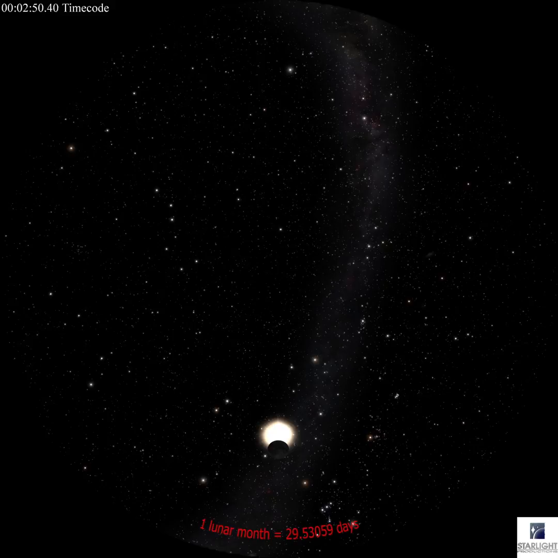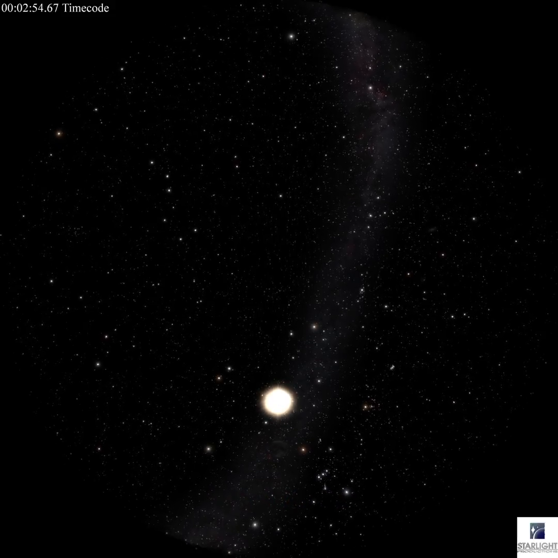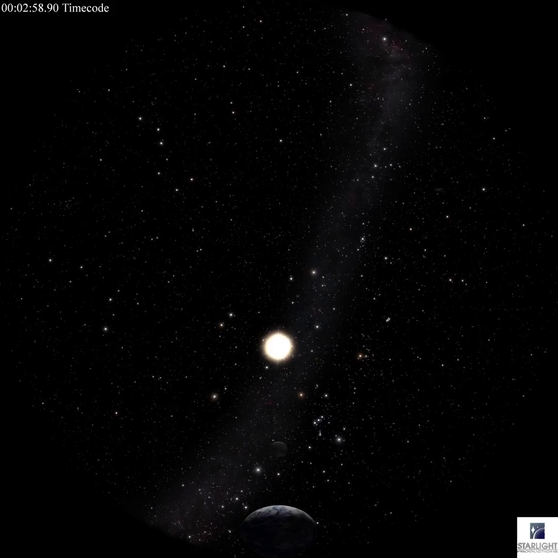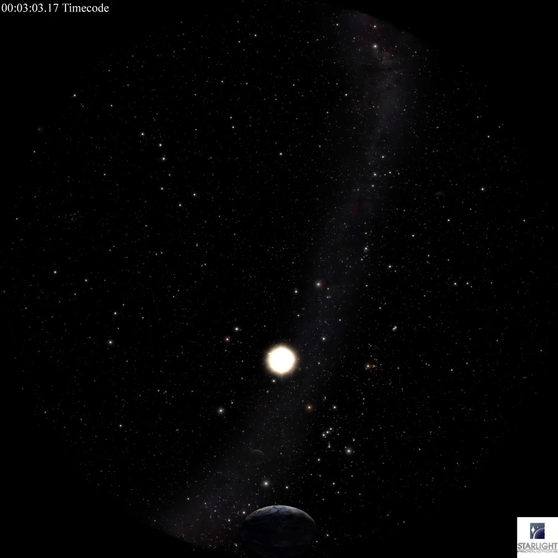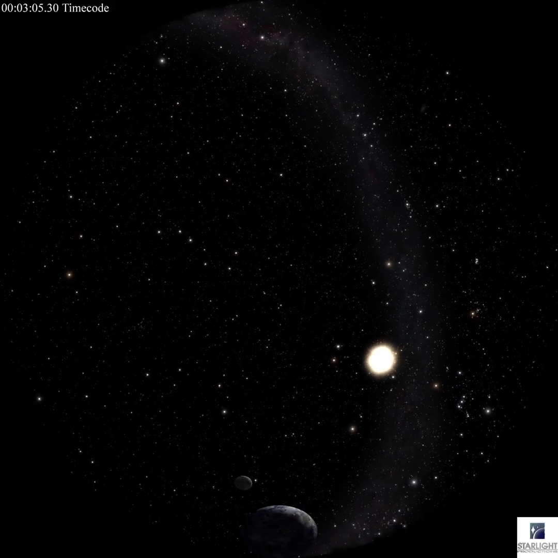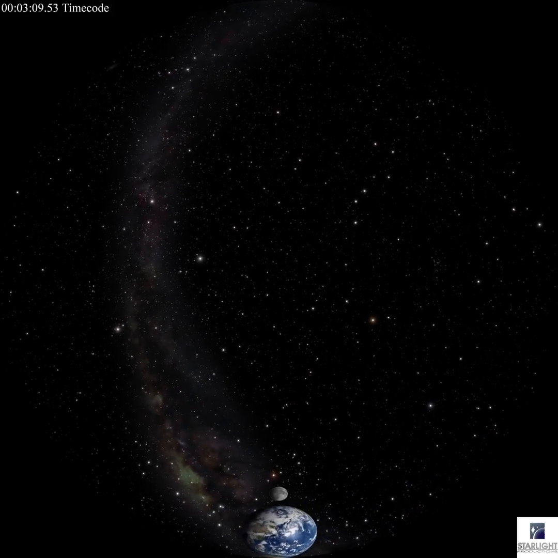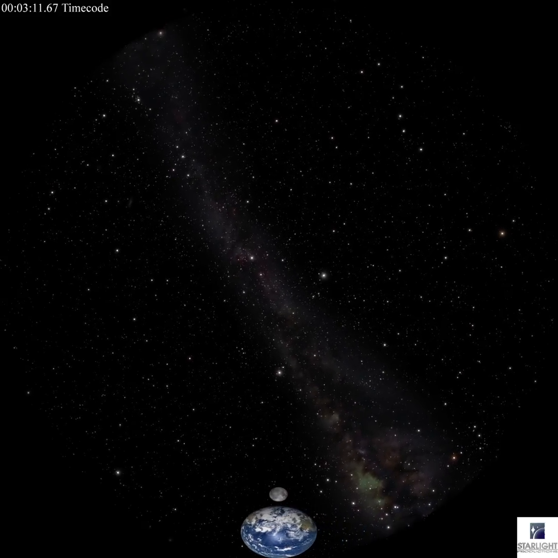Notice that during a new moon phase, the moon is between the Earth and the sun, and the sunlit part of the moon is facing away from the Earth. During a full moon phase, the moon is on the other side of the Earth as to the sun, and the sunlit part of the moon is facing towards the Earth.